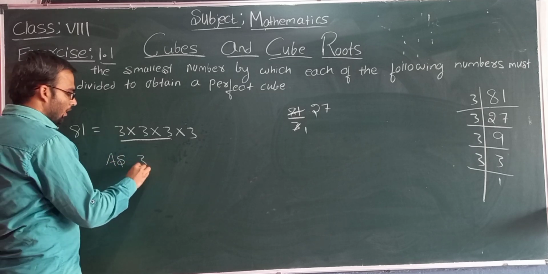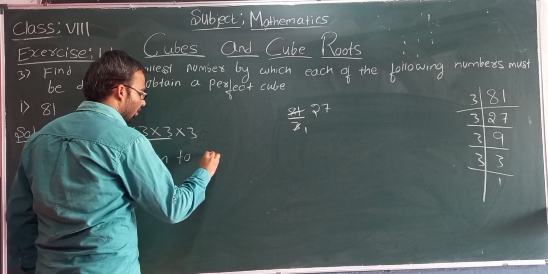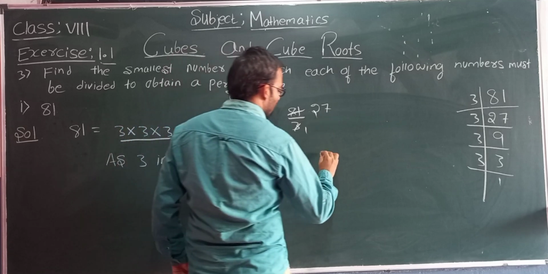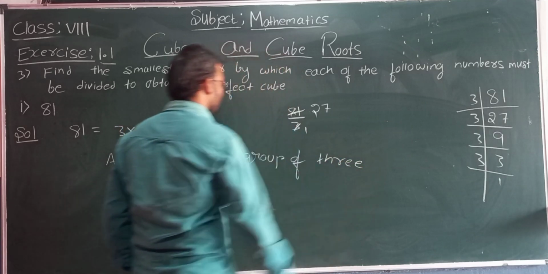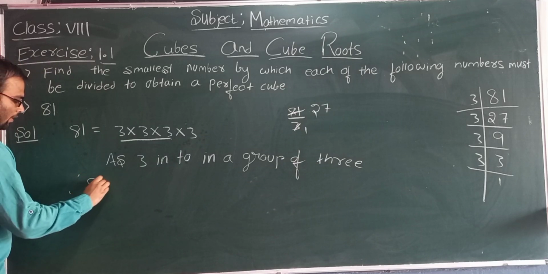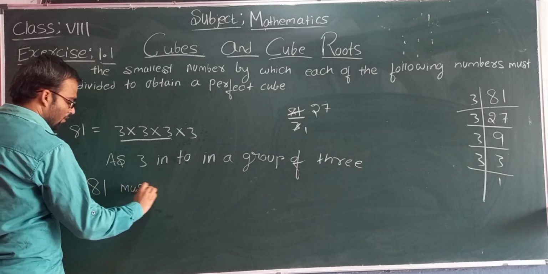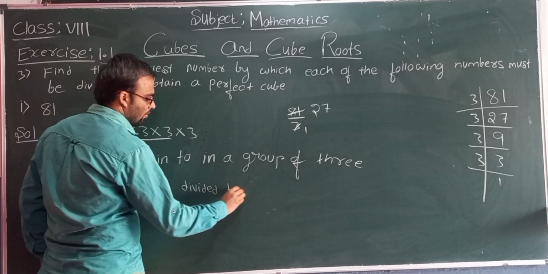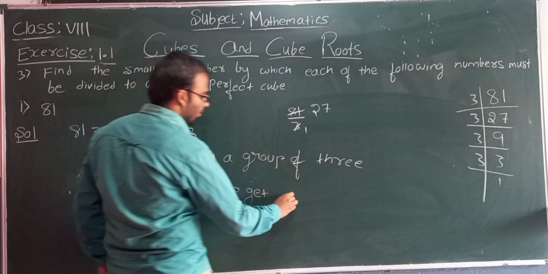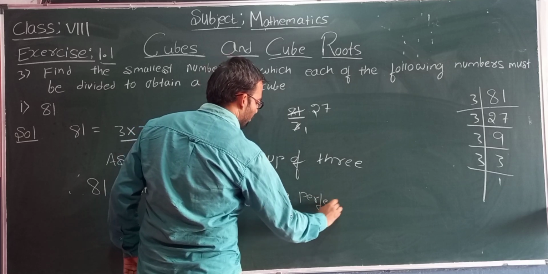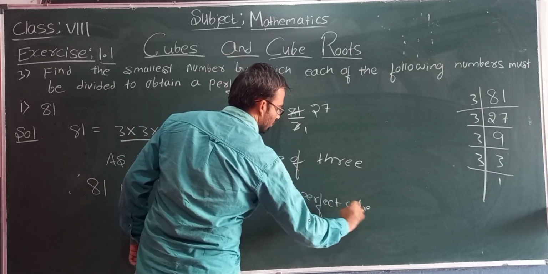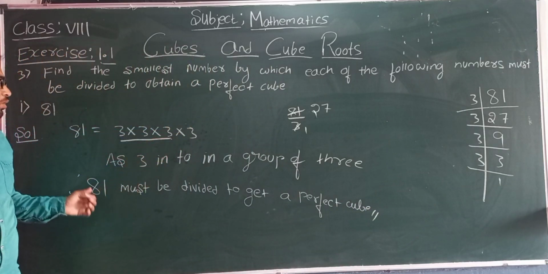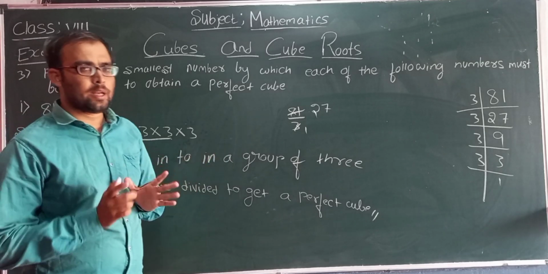Students, as here only one 3 is left, so as 3 is not in a group, 81 must be divided by 3 to make it a perfect cube.